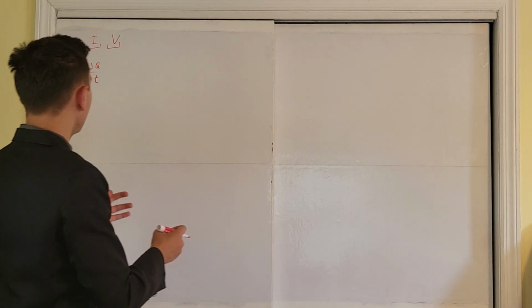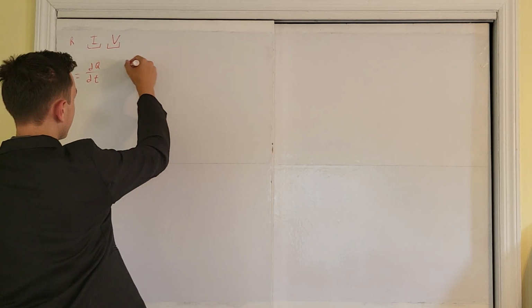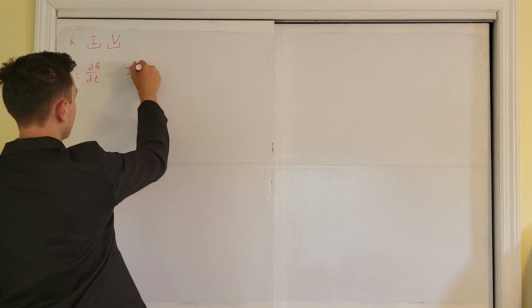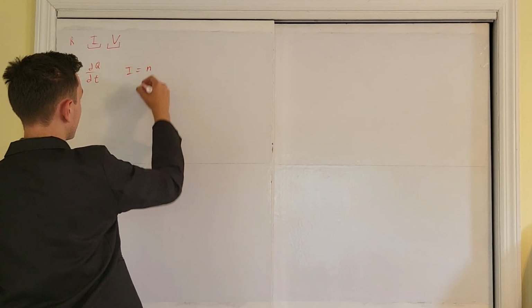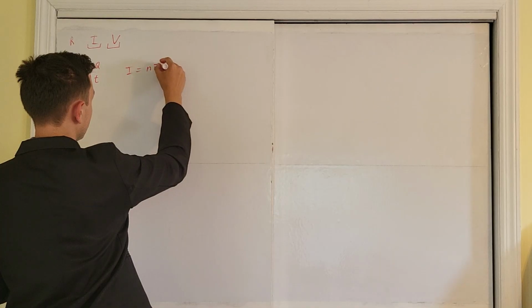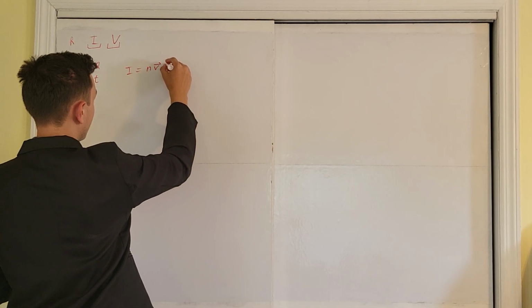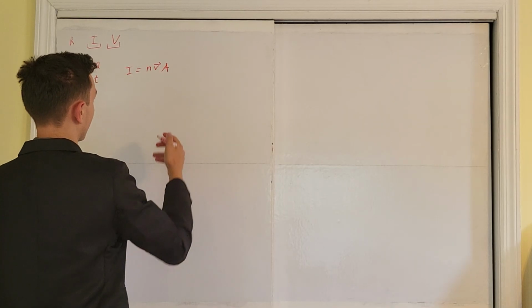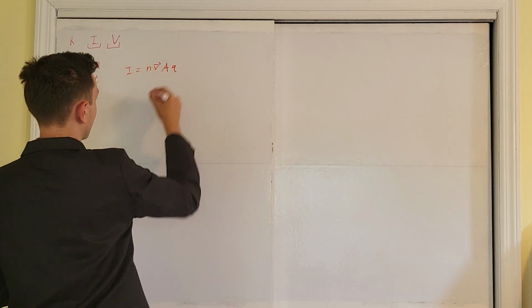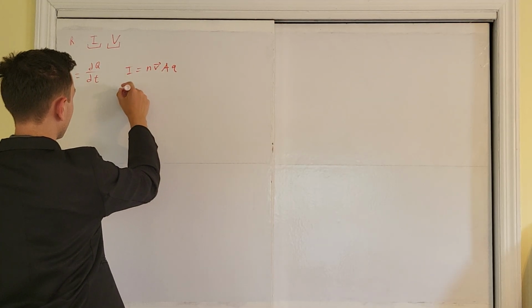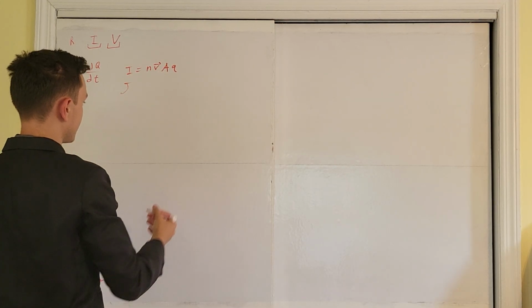And we might be able to express our current I as equal to the number of charge carriers, little n, times their velocity v, times the area of the wire through which they are traveling, the cross-sectional area, of course, times the charge they carry. Now, derived from this equation, we have capital J, which is current density.